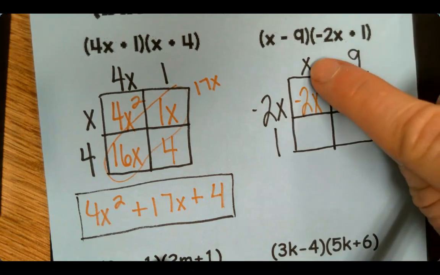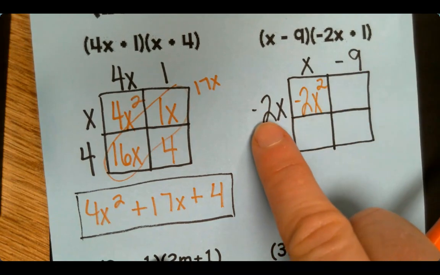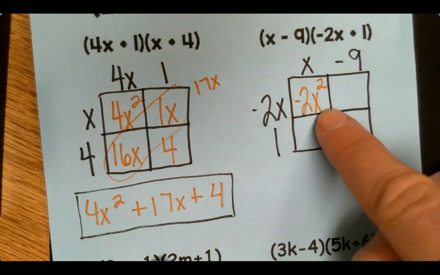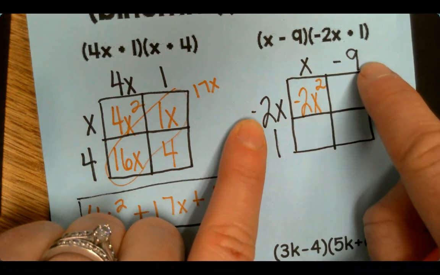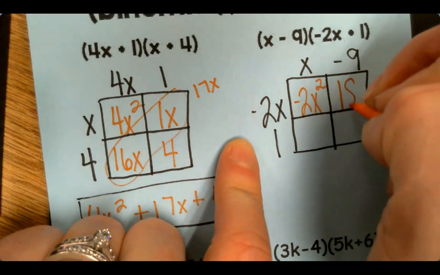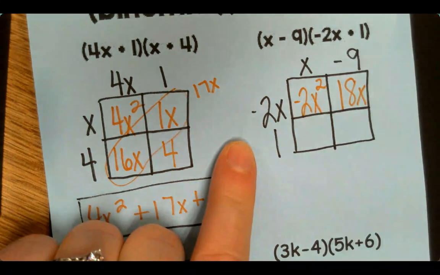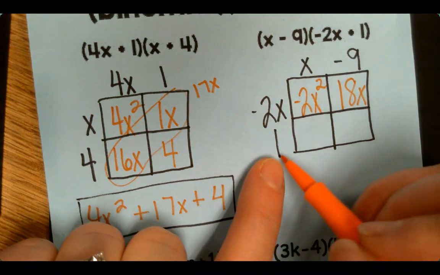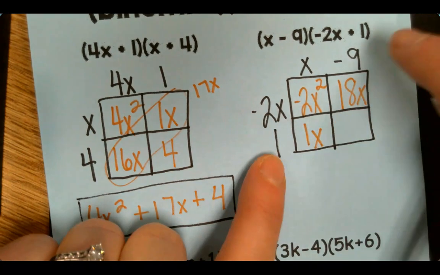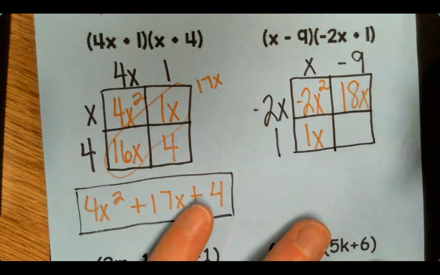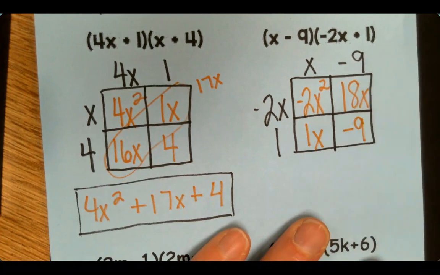If there's no coefficient here, you just keep that same coefficient because it's kind of like multiplying by 1. And then x times x is x squared. All right, negative 2x times a negative 9. Positive 18x. 1 times x, 1x. 1 times a negative 9. Negative 9.